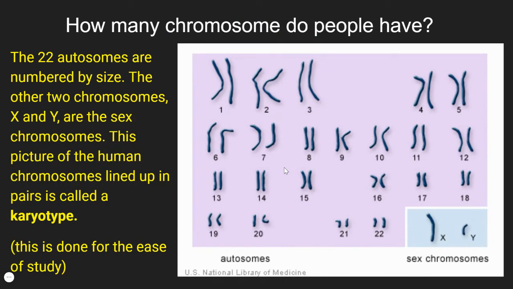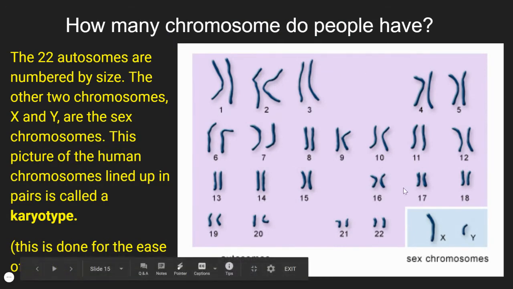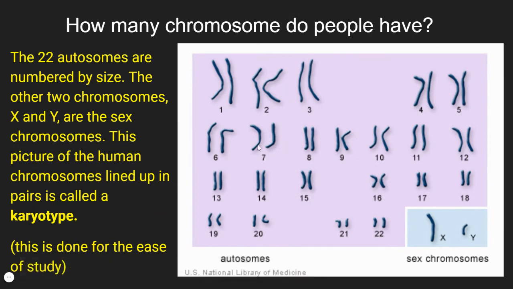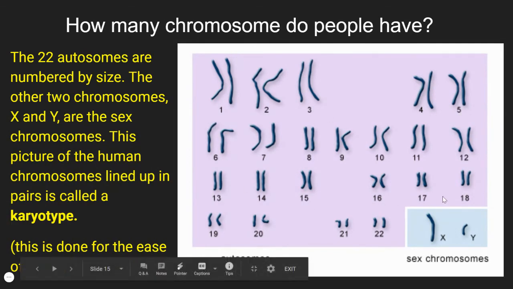So this is a diagram which is called a karyogram. A karyogram is actually the method by which cell biologists characterize and pair up each chromosome with its other pair and lay out the chromosomes of that species to understand how many chromosomes that particular species has and whether it is a male or a female.